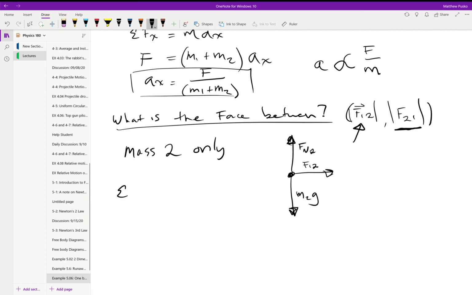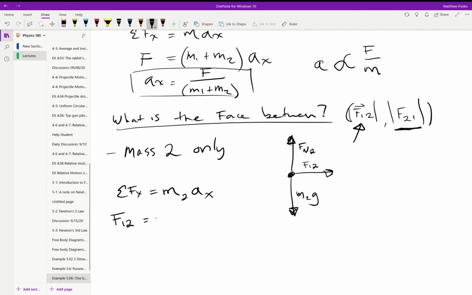So if I sum the forces in the x direction on this, it's going to be equal to mass 2 times the acceleration of 2. Or we found that they had the same acceleration, actually. The only force is the force 1 onto 2 acting on this mass, the small mass.